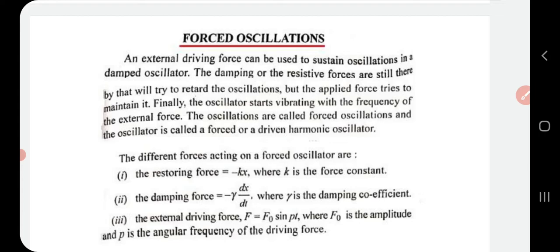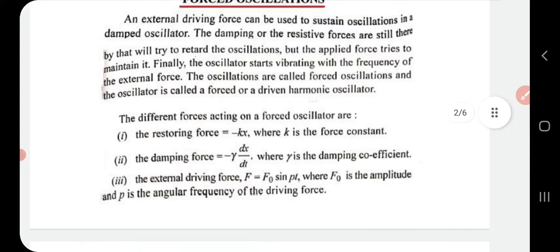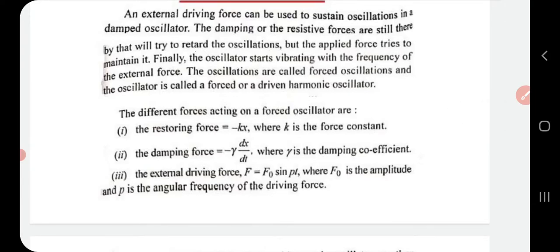Now, just like the case of the damped oscillator, various forces act on a forced oscillator also. One is the restoring force, which we discussed in the last class, given by minus kx, where k is the force constant. The next is the damping force, given by minus gamma dx by dt, where gamma is the damping coefficient.